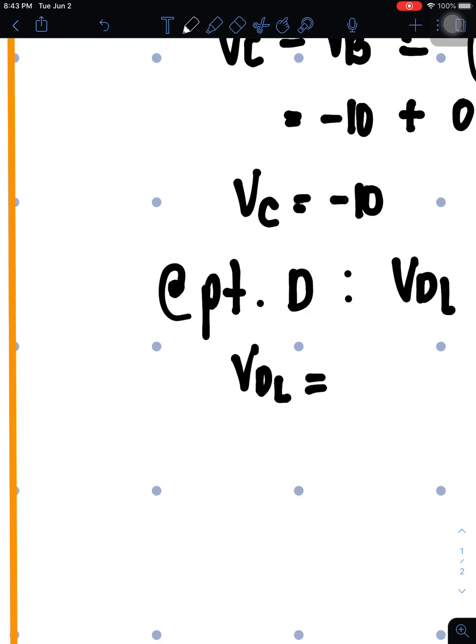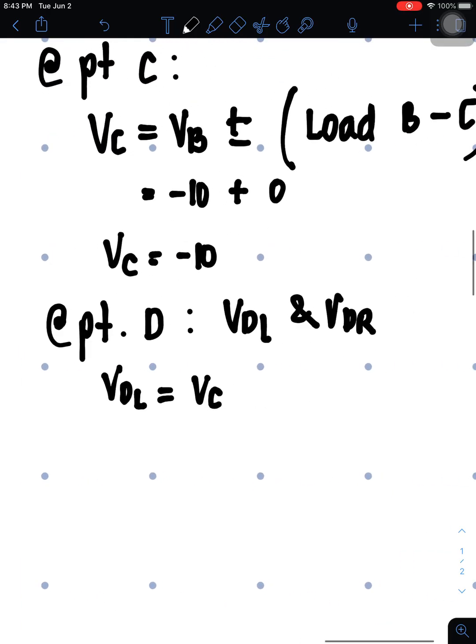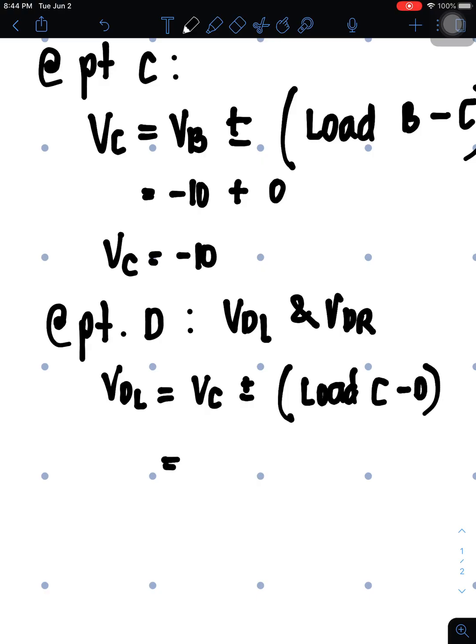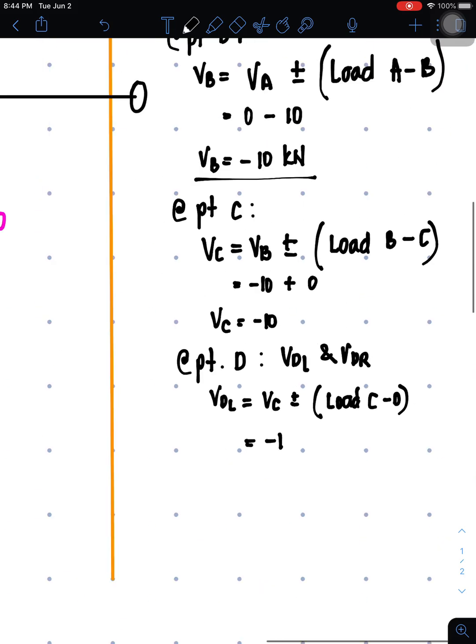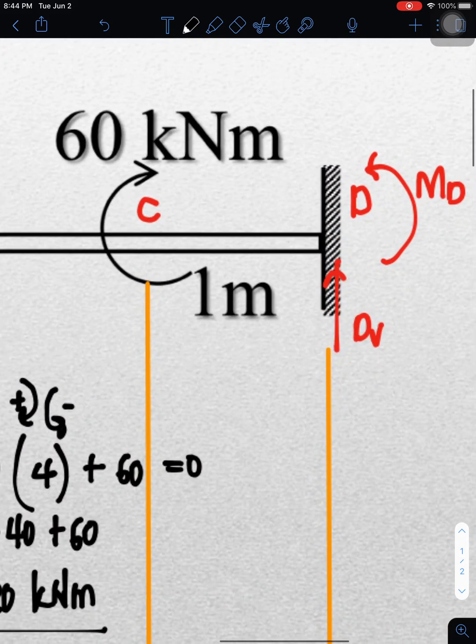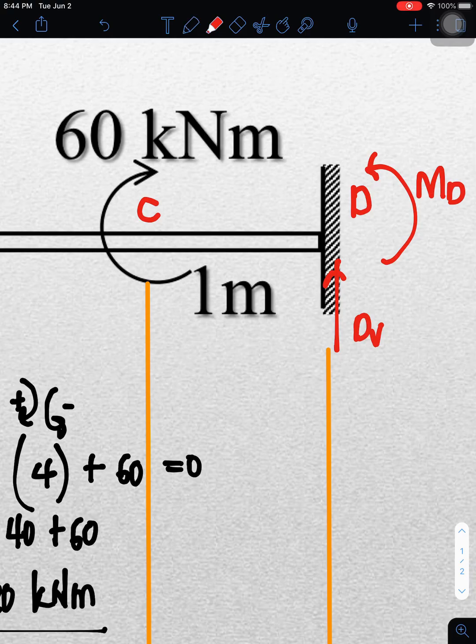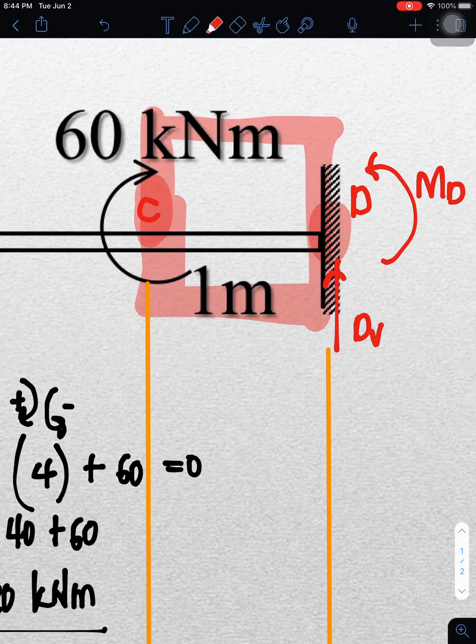So all we have to do is copy the previous value, which is VC, then plus minus area from C load from C to D. So this is negative 10 as VC, then plus minus the area from C to D. So this is our point C and this is our point D. And as you can see, the load included sa kaning portion kay walay load, no?